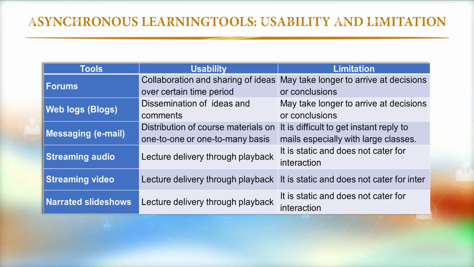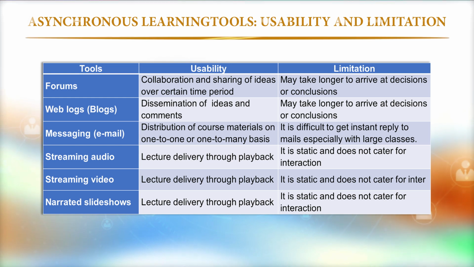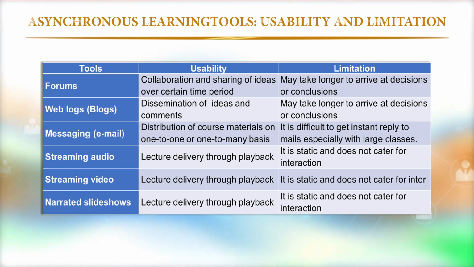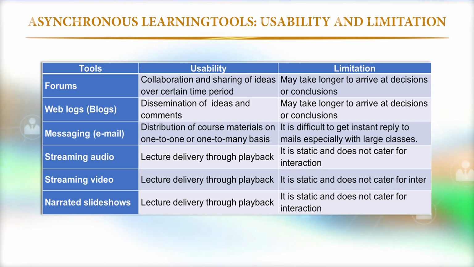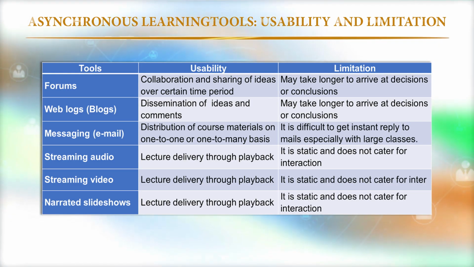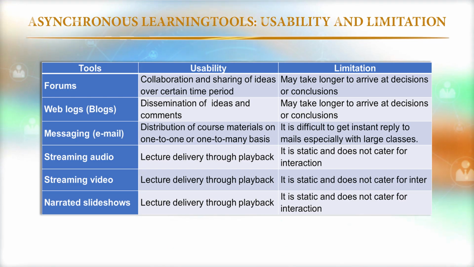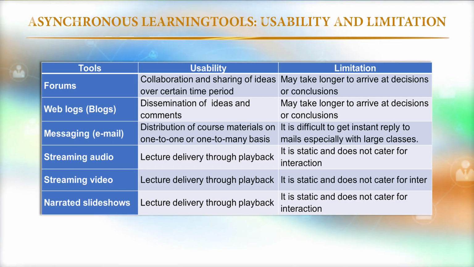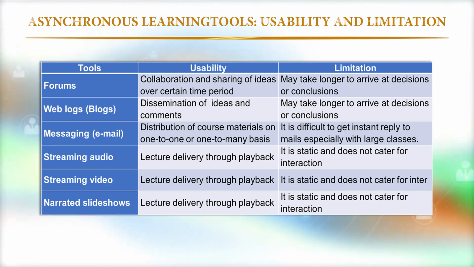But it is difficult to get instant reply mails, especially from large classrooms. Suppose we send an email, it will be seen at their own time and place where they are sitting. So an immediate reply cannot be received from email.